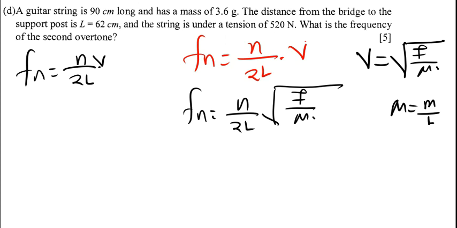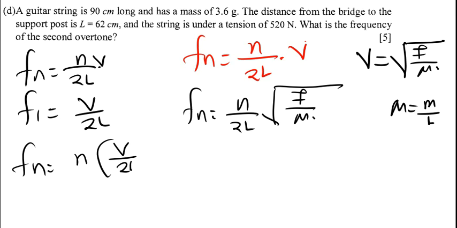If n is equal to 1, we'll have 1 times V, which is V over 2L, meaning that I can write this as n times V over 2L. I know that V over 2L is the first fundamental frequency.